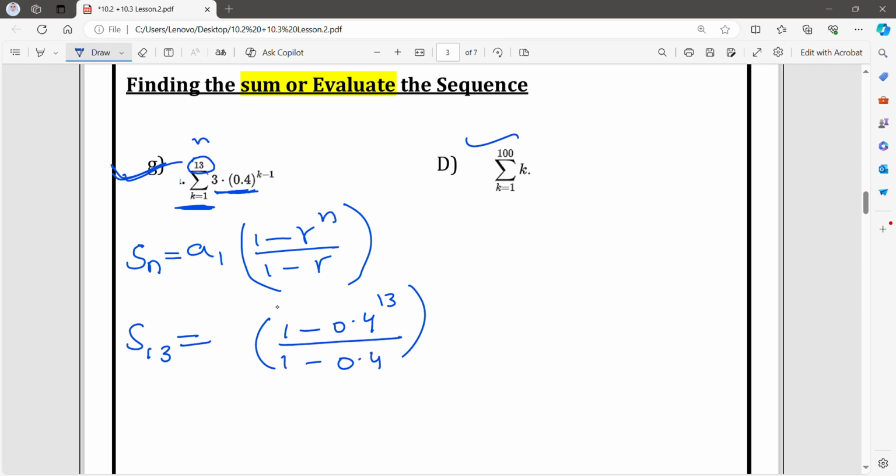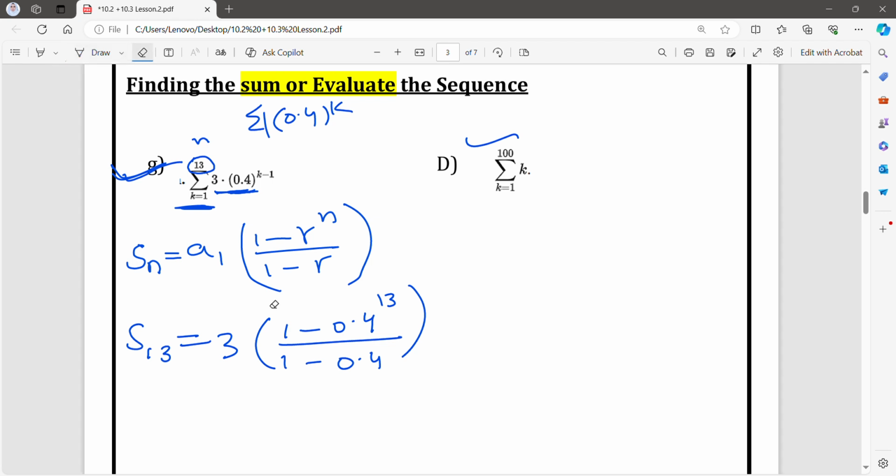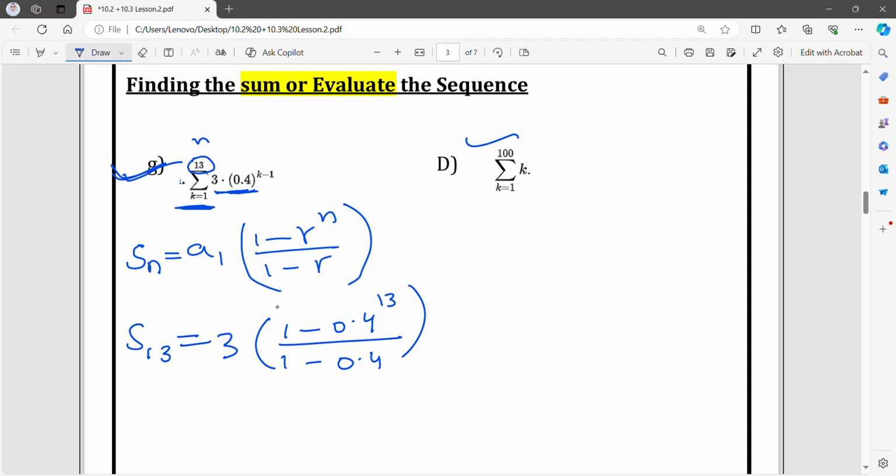We are multiplying 3, so 3 is my a1. For example, if you have only sigma of 0.4 raised to the power k, and you don't have anything multiplying here, then a1 will be 1. Which number you are multiplying here will be your a1, and r is where you have a power.